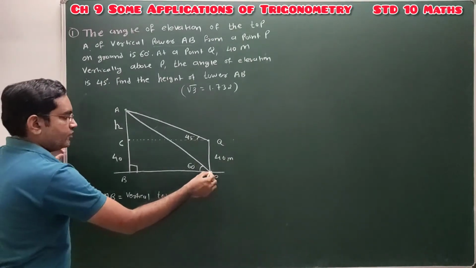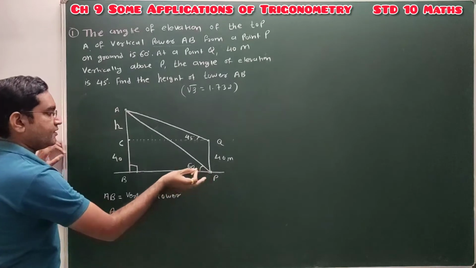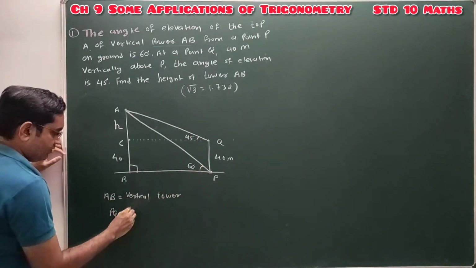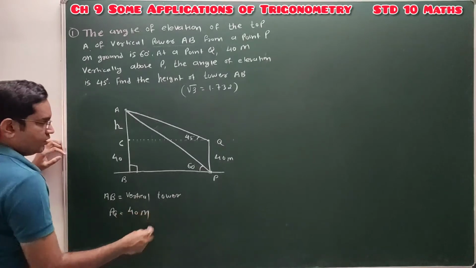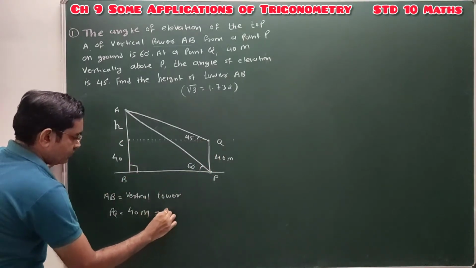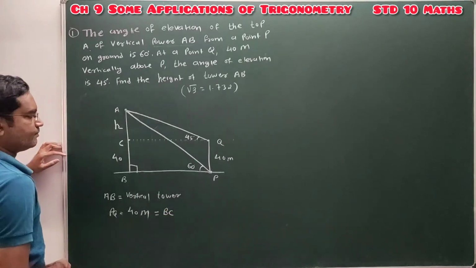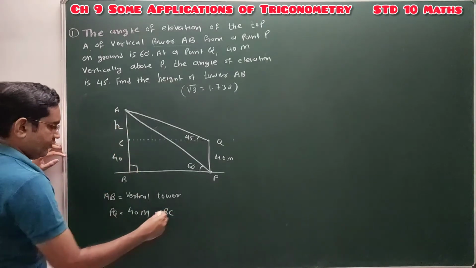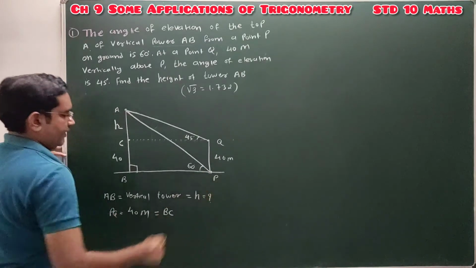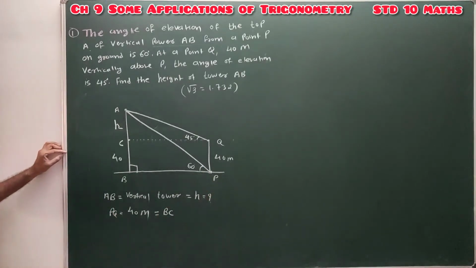The observer first stands on this point P and then he changes his position 40 meter above this point P. So length PQ is 40 meter. We can say our BC is also 40 meter. And here you have to find the height of this tower AB. That is our question. So this is our diagram.